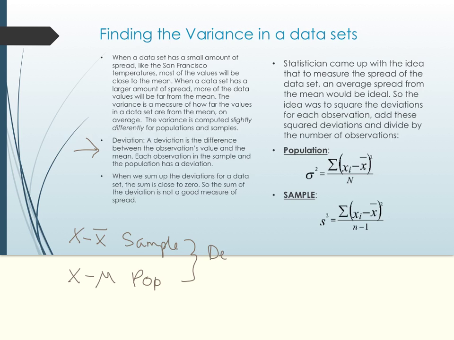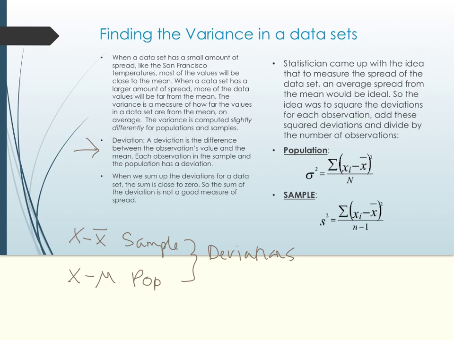These are called deviations. When we sum up the deviations for a data set, the sum is close to 0. So the sum of the deviations is not a good measure of spread. So statisticians came up with the idea that to measure the spread from the data set, an average spread from the mean would be ideal.